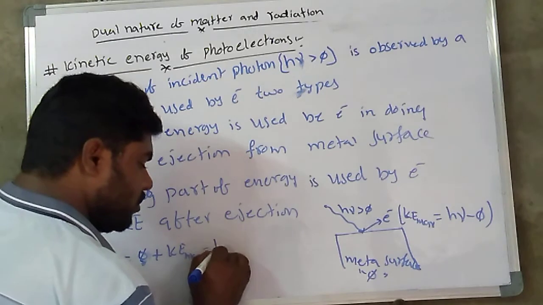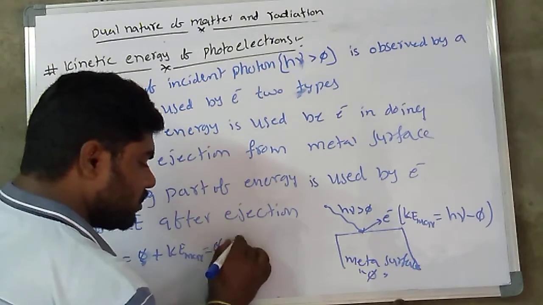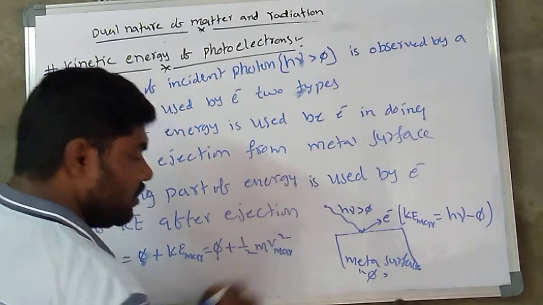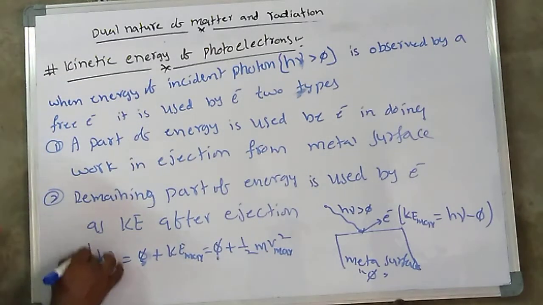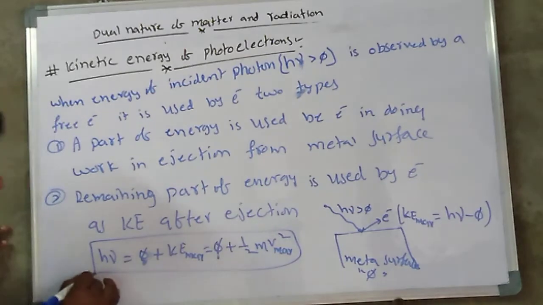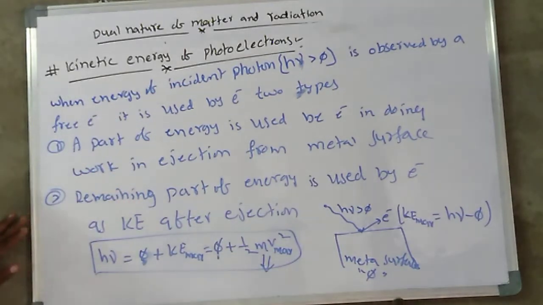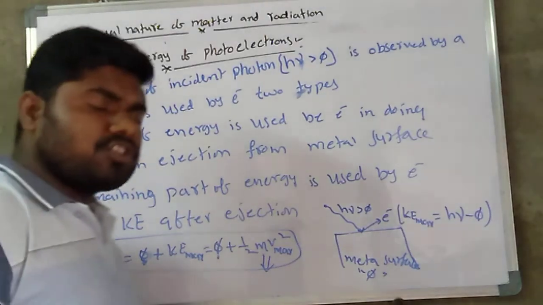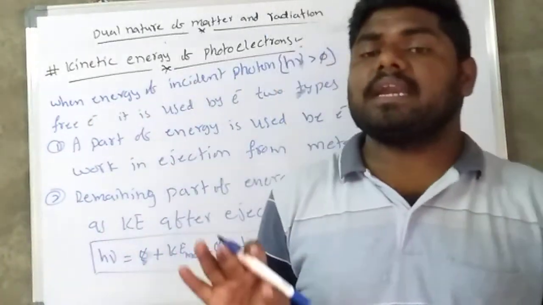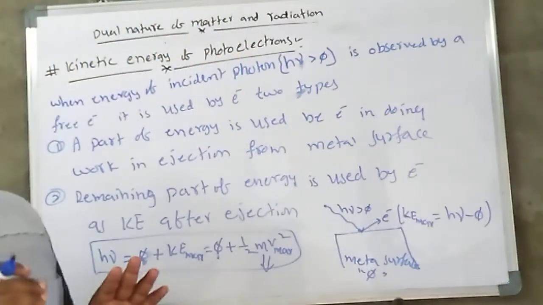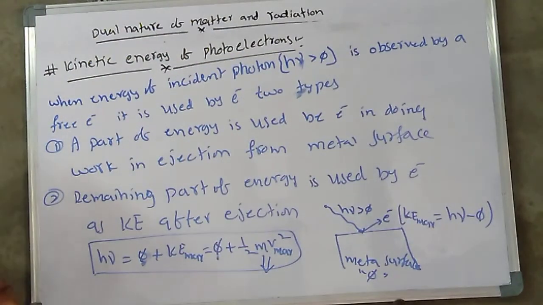So h mu equals work function plus half m v maximum square. Here half m v square we call the maximum possible kinetic energy of photoelectrons after ejection.